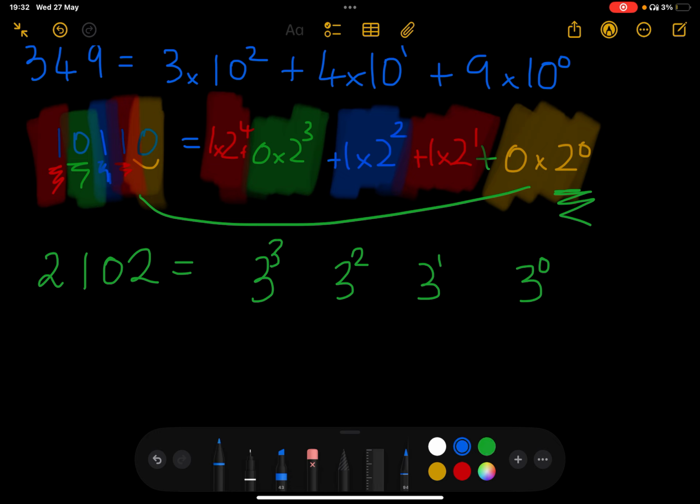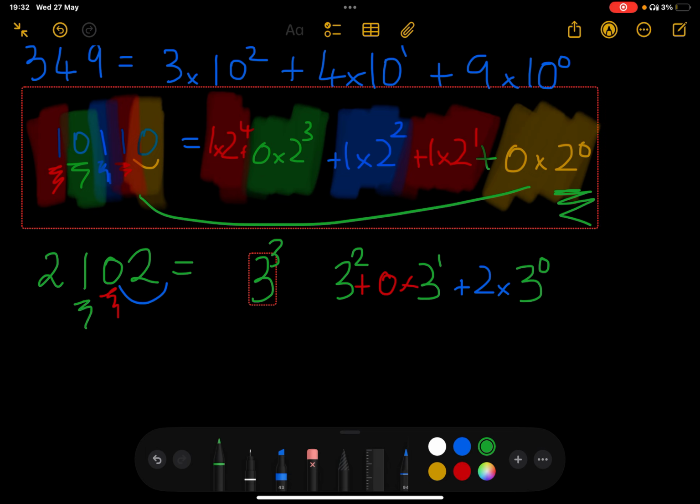Now this 2 is going to go here. The 0 is going to go here. This 1 is going to go here. And this 2 is going to go here.